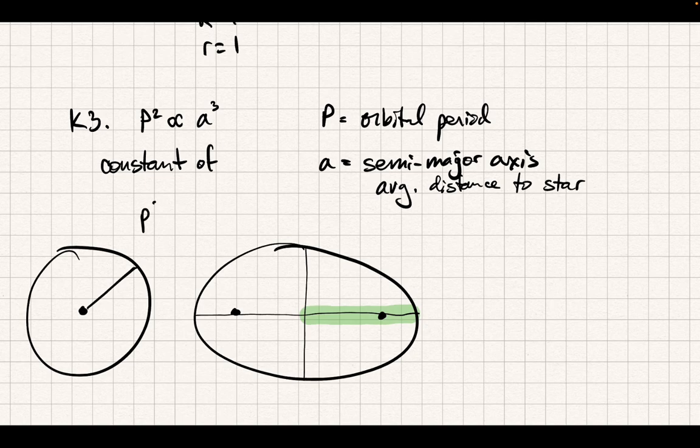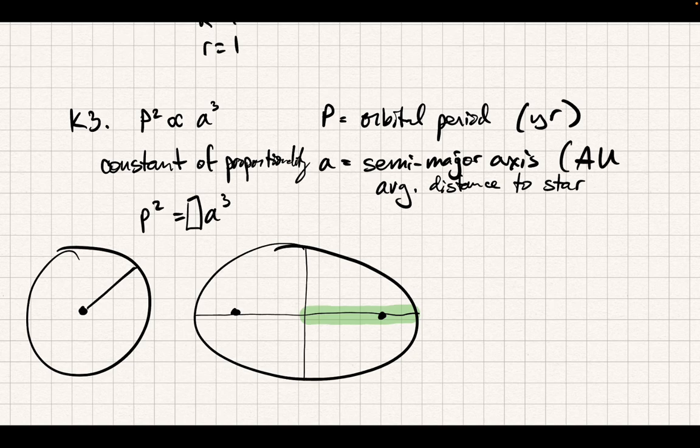But to go from proportionality to equality, I need a constant of proportionality. That's normally the case. But if I say orbital period is in years and semi-major axis is in astronomical units, my constant of proportionality is 1.